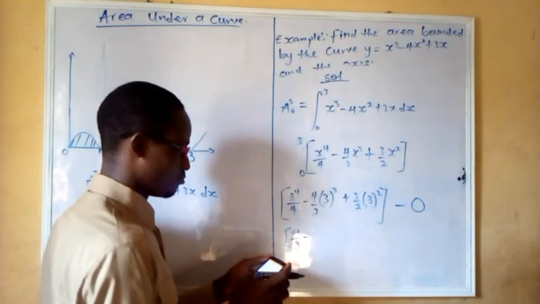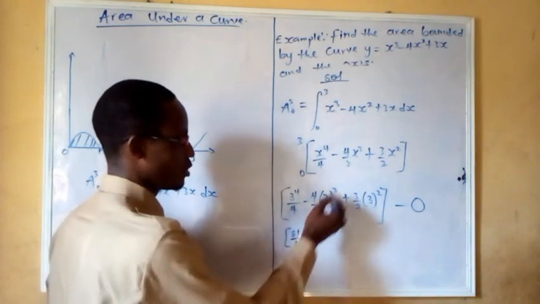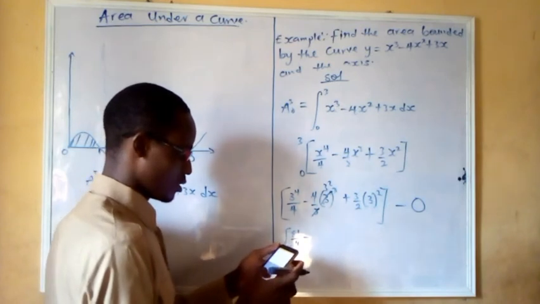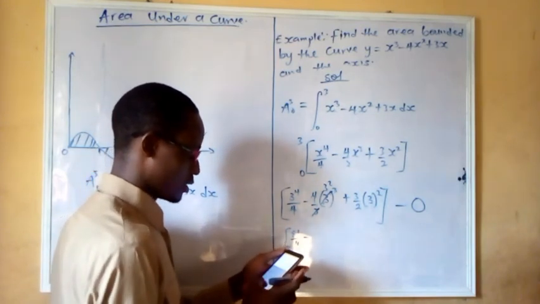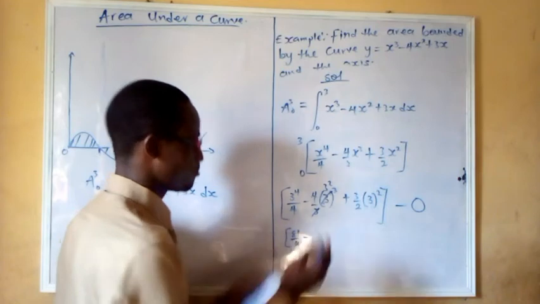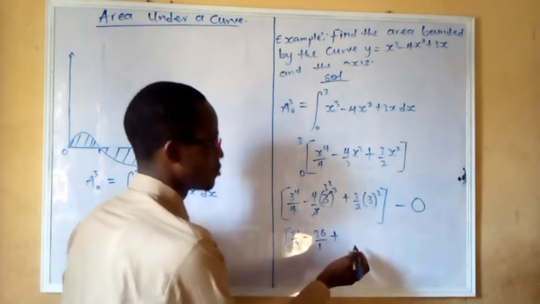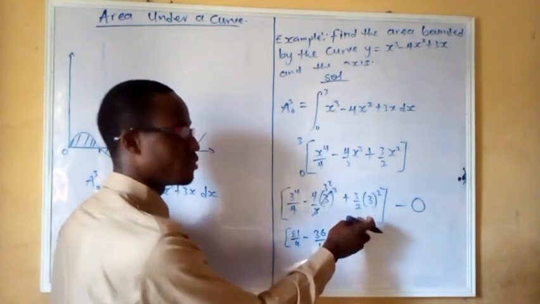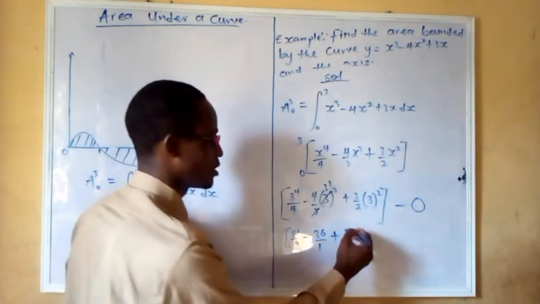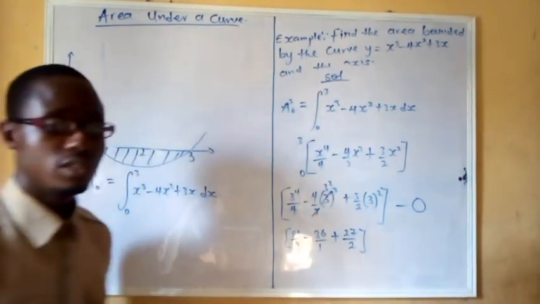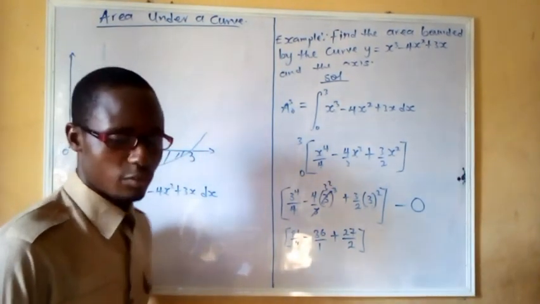We have 3 squared, so 4 times 9, that is 36. So I have 36 all over 1 plus, what else do I have here? I have 9 times 3, which is 27 all over 2, minus 0. Everything will give 0.